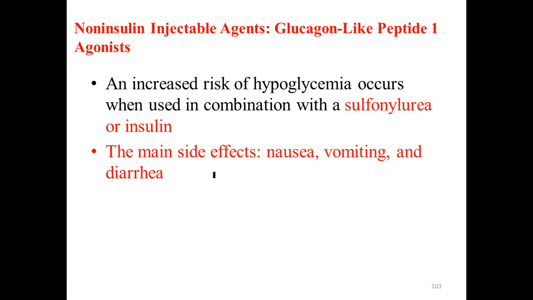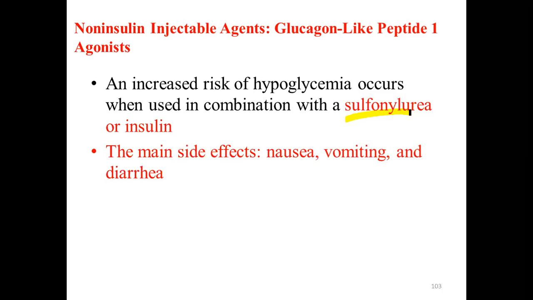Now, these non-insulin injectable agents, the glucagon-like peptides, can increase the risk of hypoglycemia when combined with sulfonylureas or insulin. If we combine them, of course, they have an overlapping effect. That means they promote the action of insulin, and ultimately the patient can have hypoglycemia.